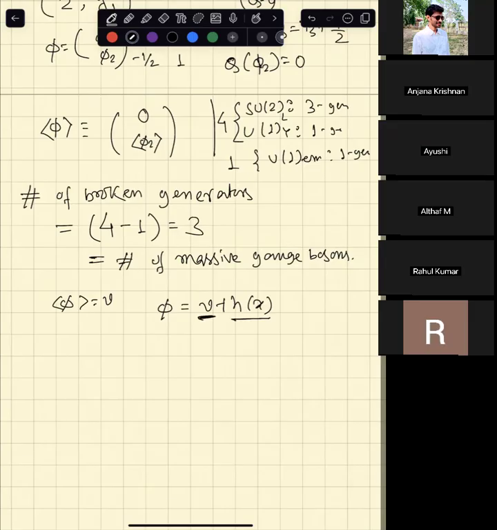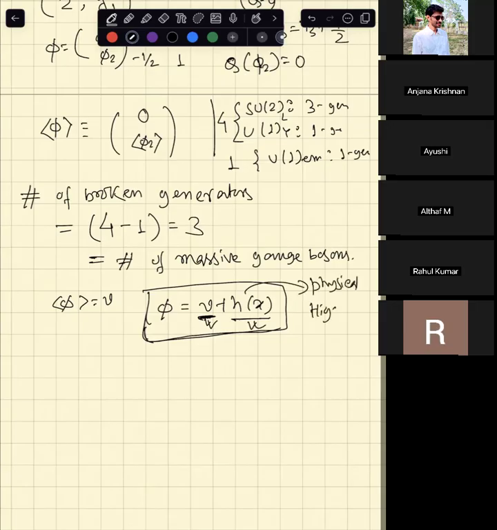This doesn't have a space-time dependency, it's a constant term. And then this phi scalar field after the symmetry breaking will take the form of fluctuations over the constant background. The background is the vacuum expectation value, and the fluctuations we call the physical particle.